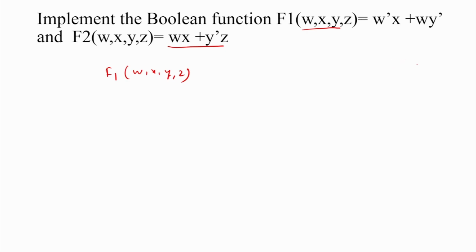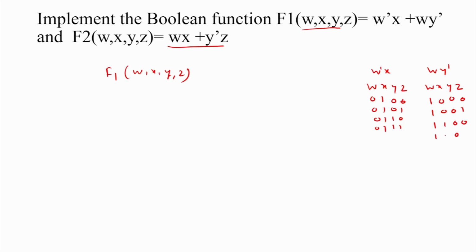This f1 contains the terms containing w complement x, this is fixed 0 1, with the rest 0 0, 0 1, 1 0, 1 1. Similarly, another is w y complement, with w x y z, w is 1, y is 0, these are constant, and the rest are 0 0, 0 1, 1 0, 1 1.